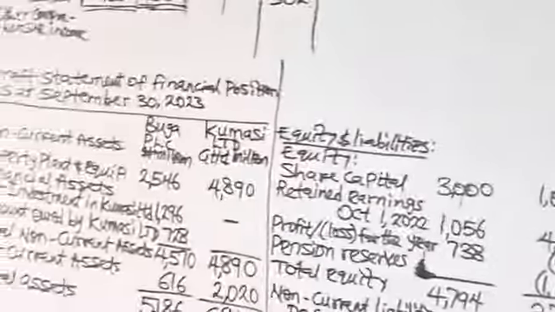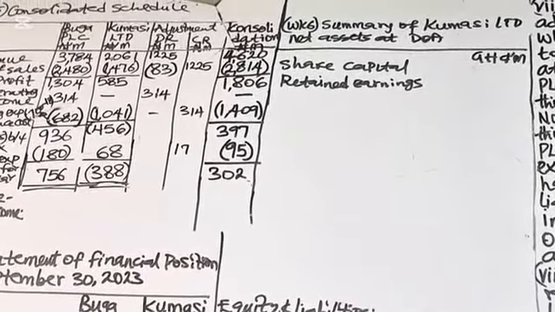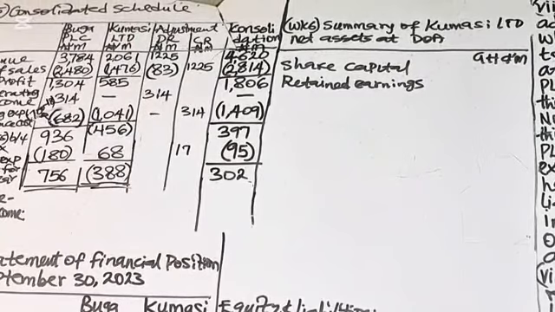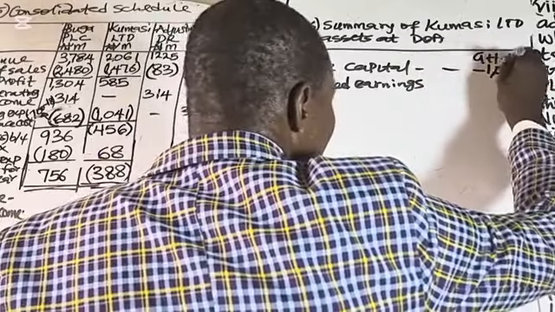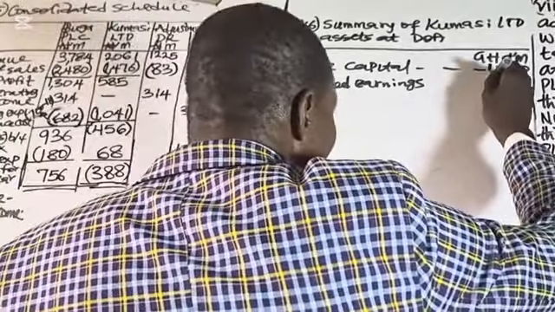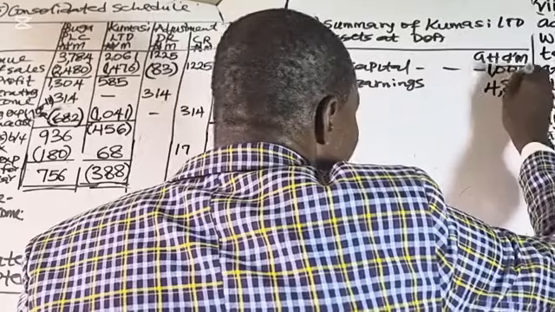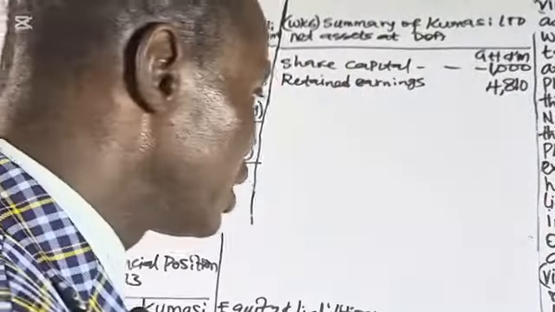So we want to include them in the summary of Kumasi Limited net assets. We have share capital of 1,000. Then we have retained earnings to be 4,810.